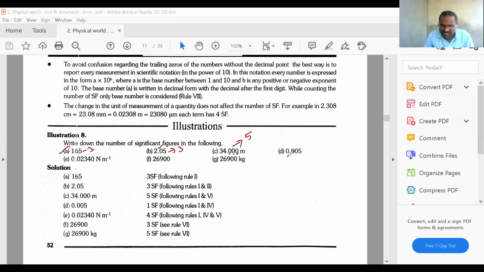Next, in this, how many significant figures? Only 1. Next, in this? 1, 2, 3, 4. 4 significant figures are there. Next, in this, how many? Only 3, because these two are not significant figures because they are leading zeros.